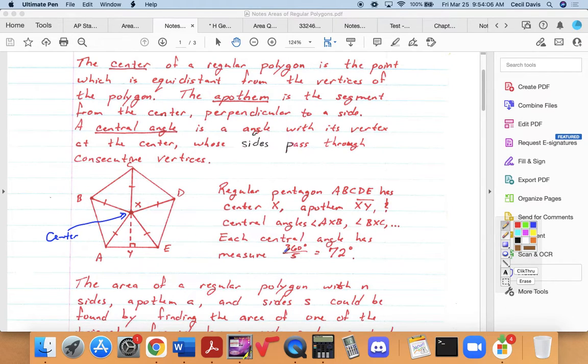X is the center of this figure. An apothem would be right here. And then this angle would be one of several central angles.